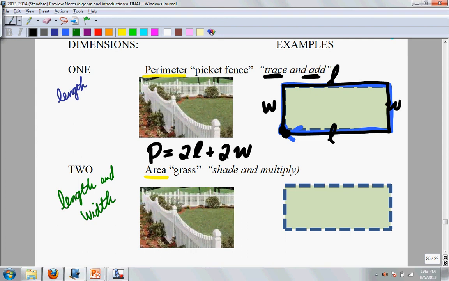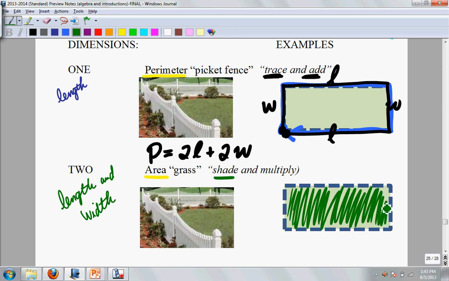Area. When you deal with area, I'd always like you to get in the habit of shading areas that you're working with. Physically shade. It's like grass. Shade. And the cue for shade is shade and multiply.